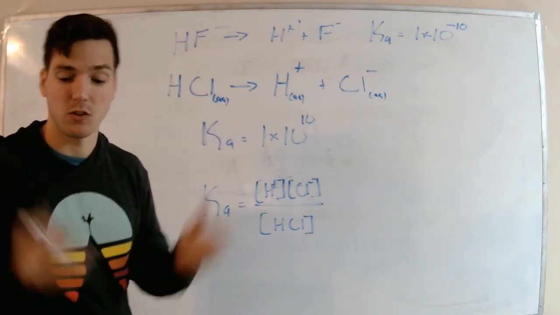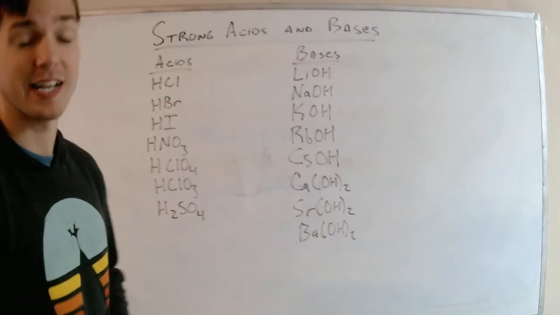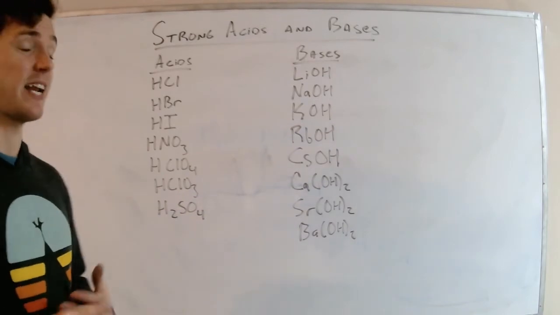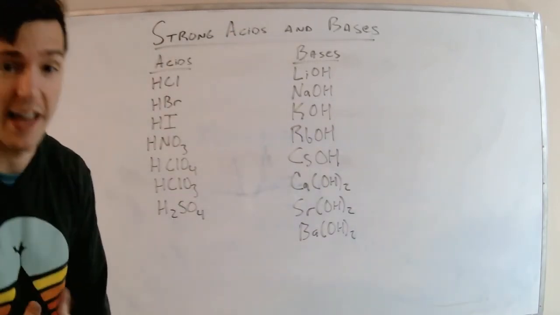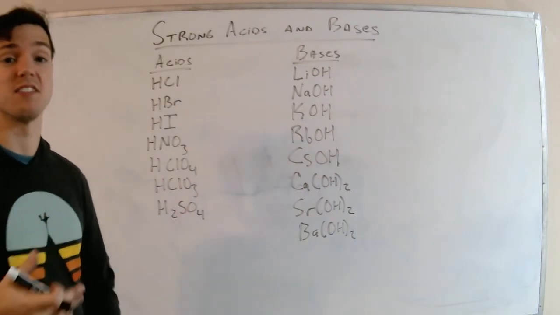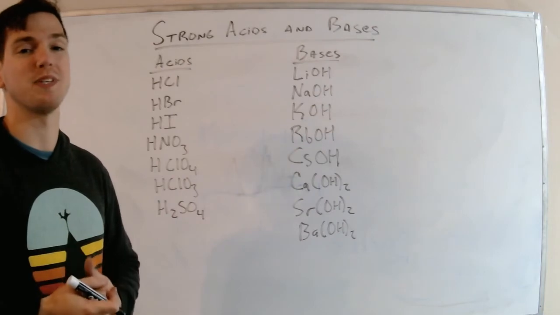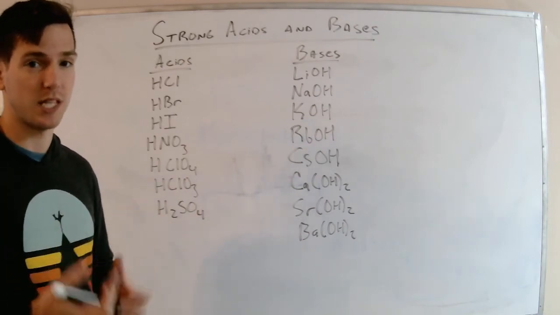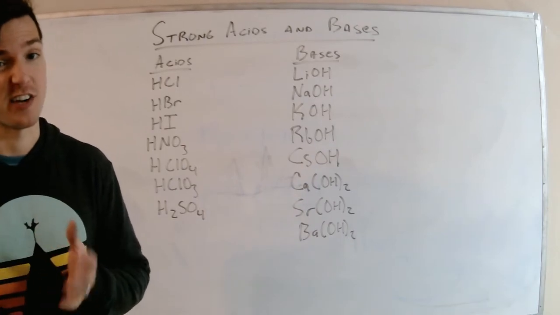All right, so let's go ahead and talk about those strong acids. All right, I said this at the beginning of the year and I mean it now. We have to memorize these strong acids and strong bases. These strong acids and bases have a really large Ka, which means they dissociate completely. And that will come into play when we do our calculations, like our negative log.